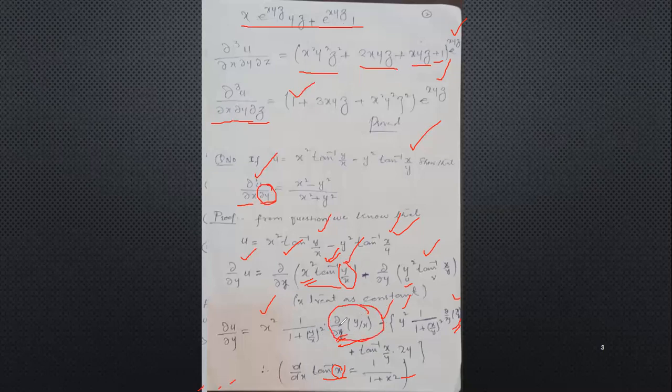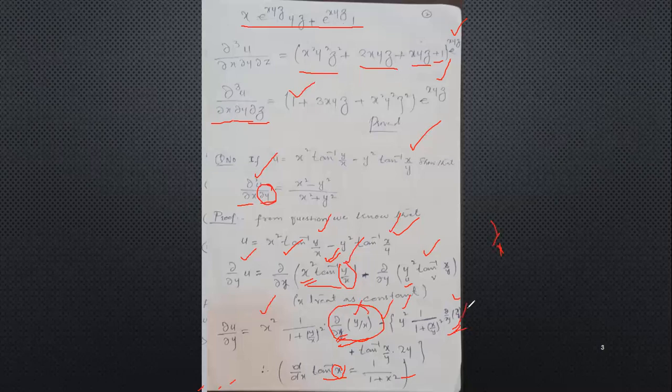So now we try to simplify this term. Listen carefully that derivation of y upon x with respect to y, and we are taking derivation of this term. Y we have in numerator. So just we take derivation of y, 1 upon x, it means in denominator x we consider constant. So the result of this whole term we get 1 upon x. Now derivation of this term x upon y with respect to y.